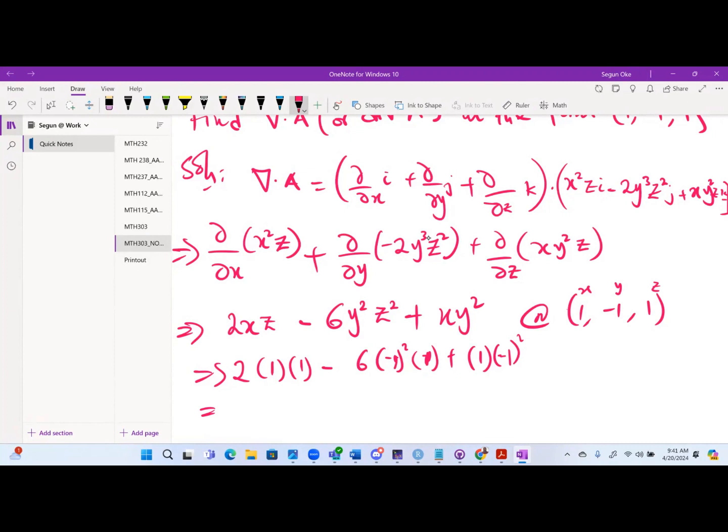Which will be 2 multiplied by this, 2. It will not be plus because it's minus. This will be plus, right? Making 6, plus 1, which is equal to negative 3. That is the solution.